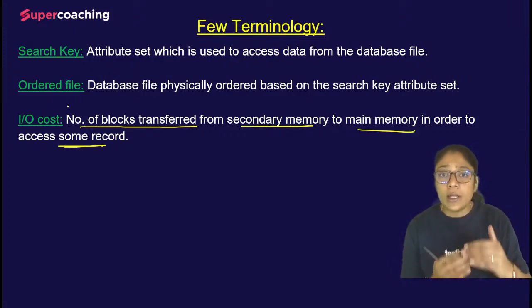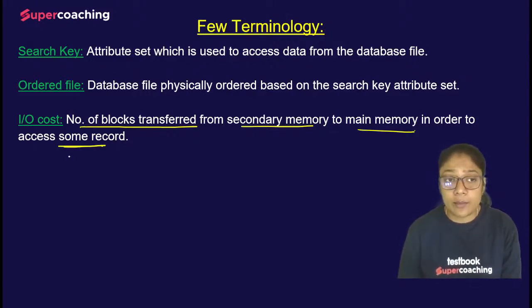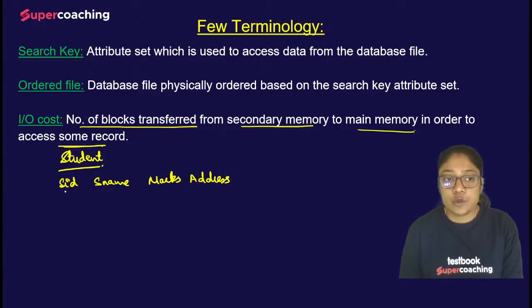The second term is the ordered file. Ordered file means whether the database file is physically ordered on the search key attribute or not. What do I mean by this statement? For example, we have a student relation with attributes like student ID, student name, marks, and address. I'm considering student ID as the key.